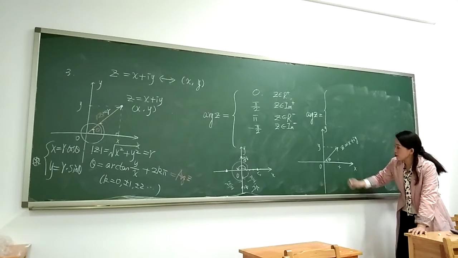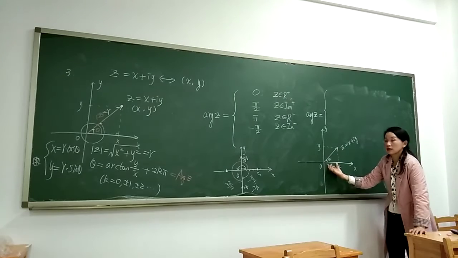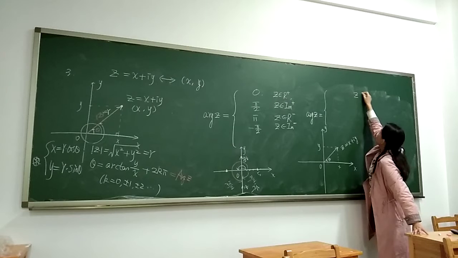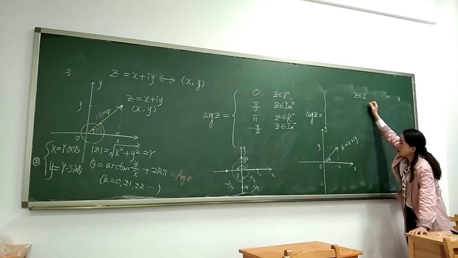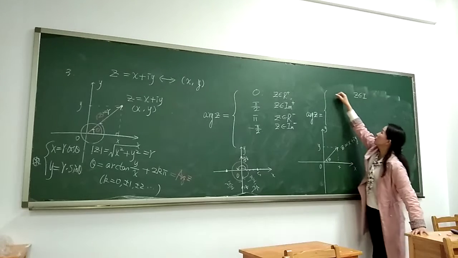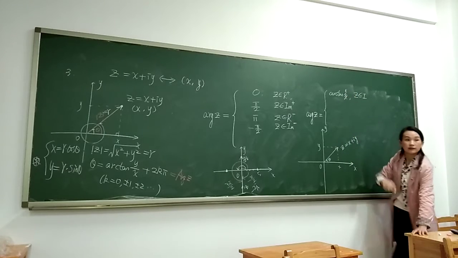Yes or no? This is y, this is x. So if z belongs to the first quadrant, this theta we can write as arctangent of y over x.